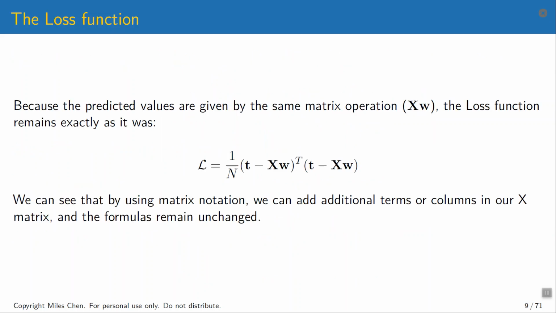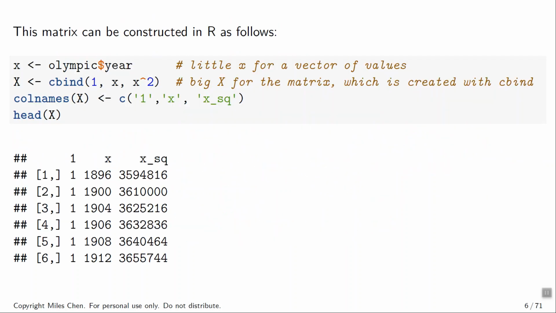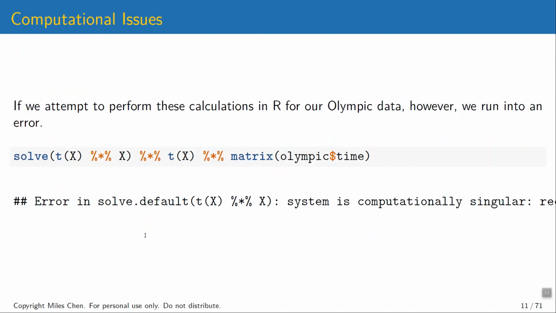Okay, so we're here. The loss function formatting is going to be exactly the same, and therefore when you go through the matrix or vector calculus to solve for the minimum, you're going to find that the W that minimizes this function is X transpose X inverse X transpose T. So again, we're dealing with the Olympics data, and I have my matrix X. So I can just go and say, let's do X transpose X inverse.